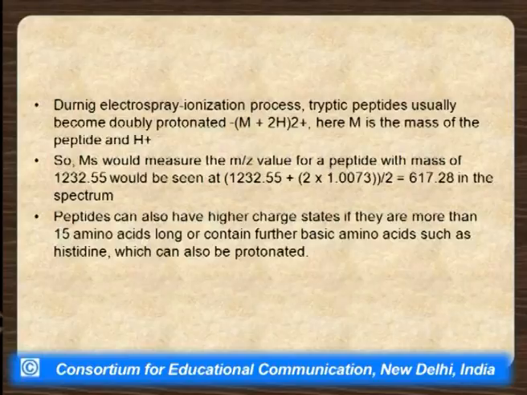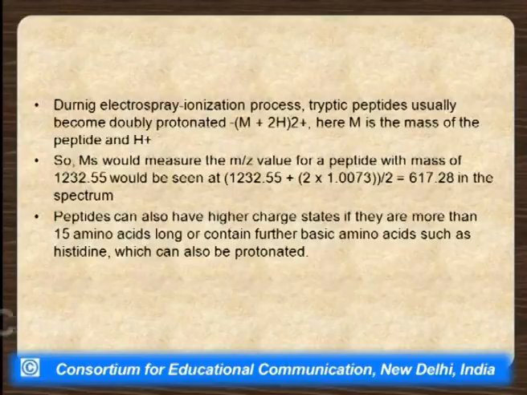During the electrospray ionization process, tryptic peptides usually become protonated, and they get a charge of M plus 2H, where M is the mass of the peptide and H+ is the hydrogen ion. So, you will have the measure of the m/z value for a peptide.